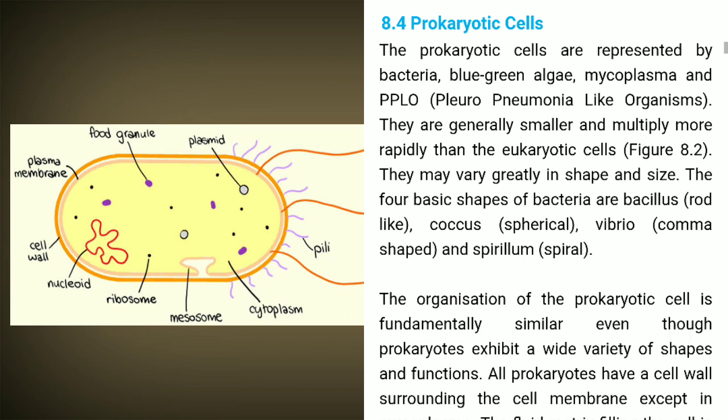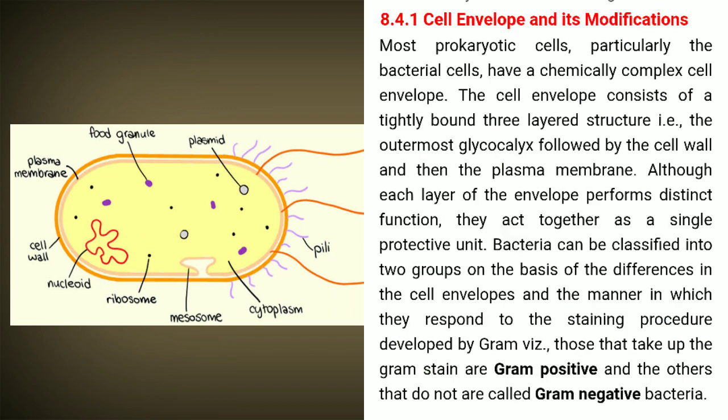And they have varied structures, such as the coccus type, which is a round-shaped structure. Then bacillus, which is a rod-shaped structure. Then comes spirillum, which is a spiral-shaped structure. Similarly, there are some coma-shaped structures.